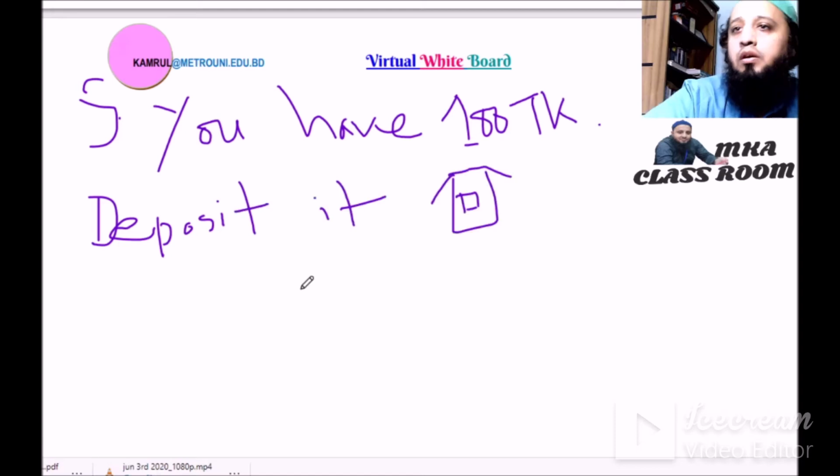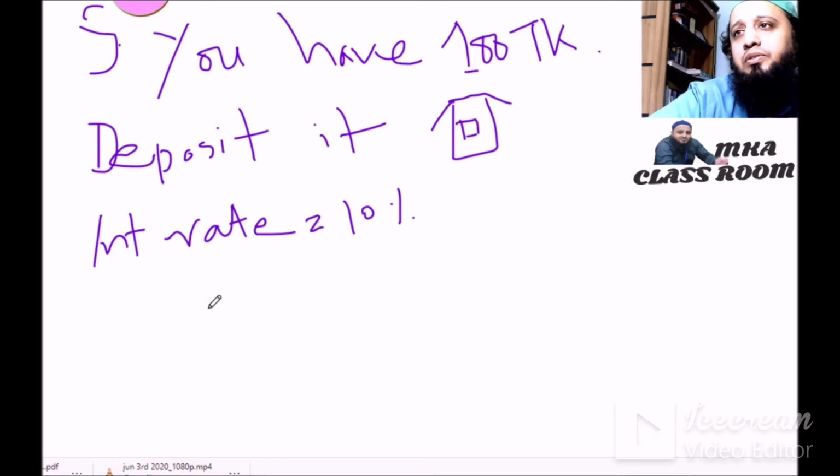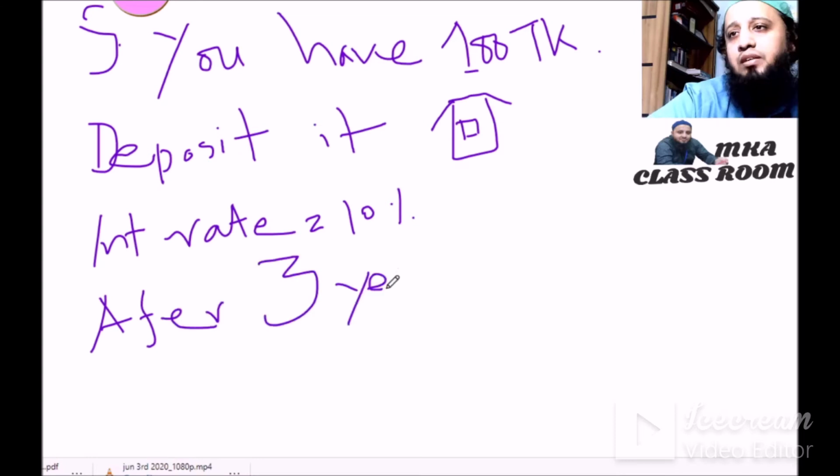Your bank will provide you an interest rate of 10%. And now the question arises, what will happen to your 100 taka after 3 years?